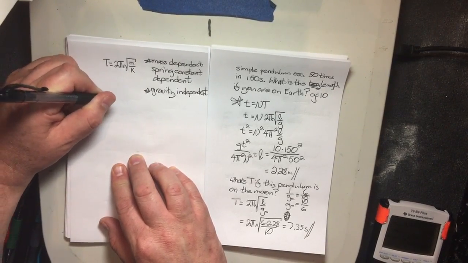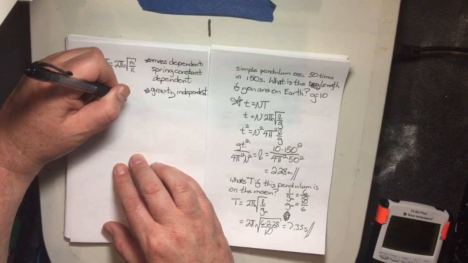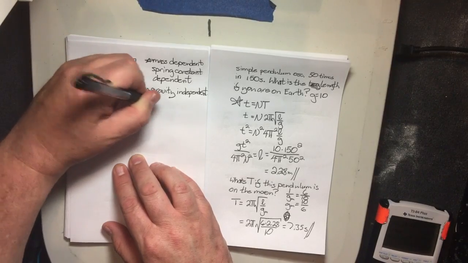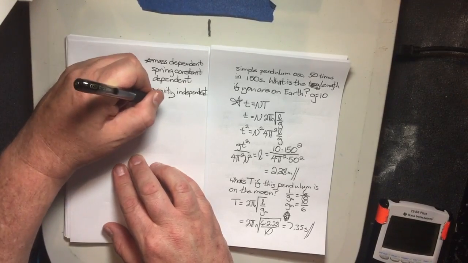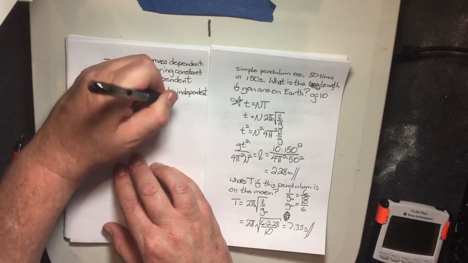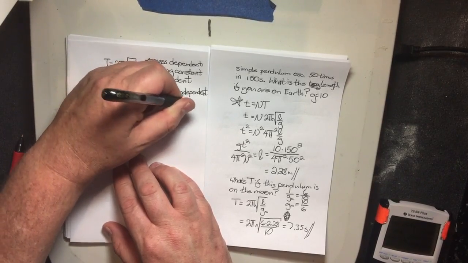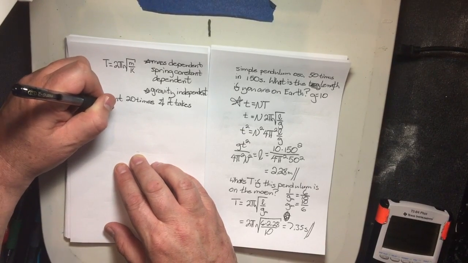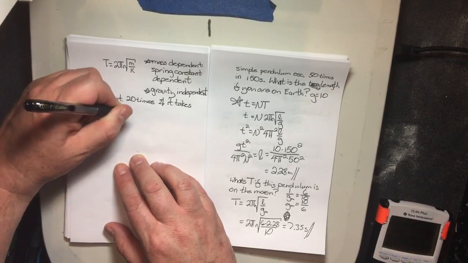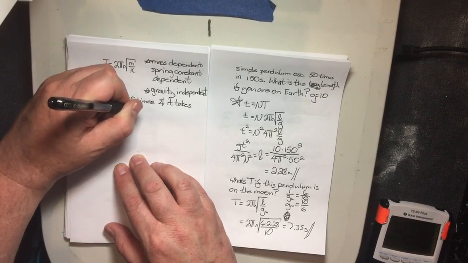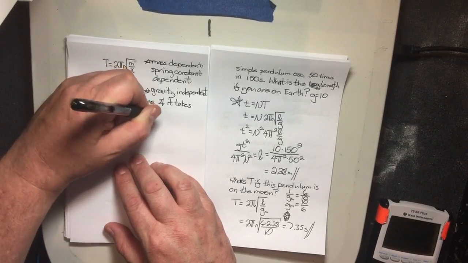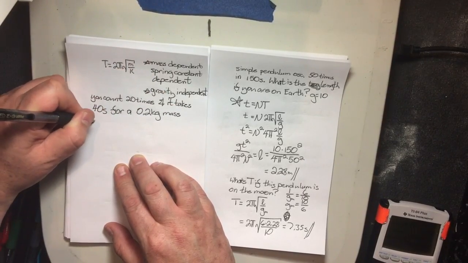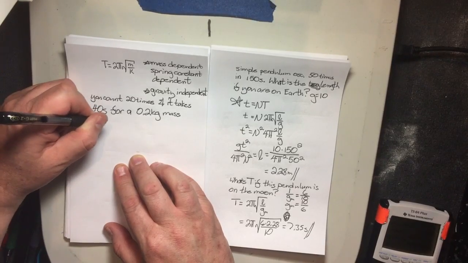You count like 20 oscillations, and it takes 40 seconds for a 0.2 kilogram mass to do this.